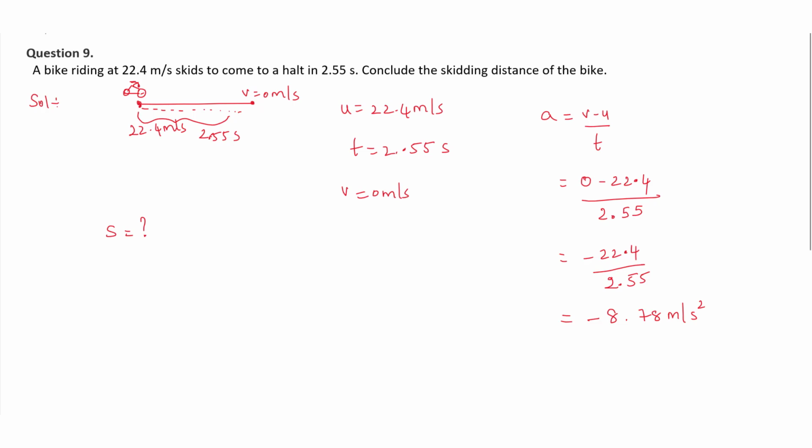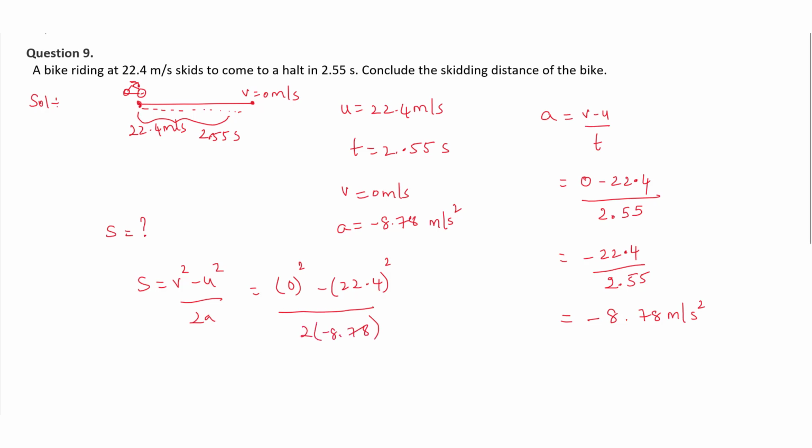Now that we have A equal to minus 8.78 meter per second square, I will use S equals V square minus U square by 2A. V is given as 0 square, U square is 22.4 whole square, by 2A, where A is minus 8.78.